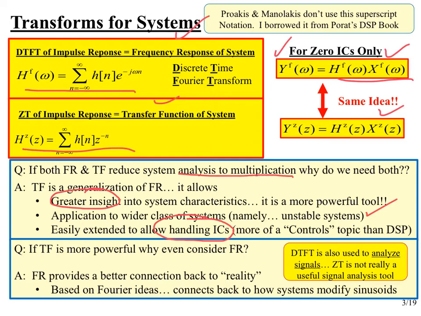In fact, as we're messing around with the transfer function viewpoint, we're constantly thinking in the back of our mind about the frequency response and how it is related to that transfer function, and in particular the poles and zeros of that transfer function.